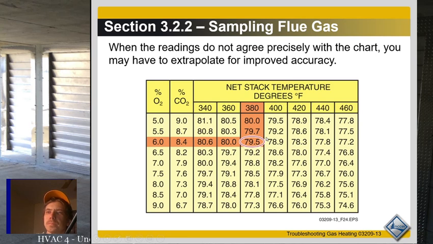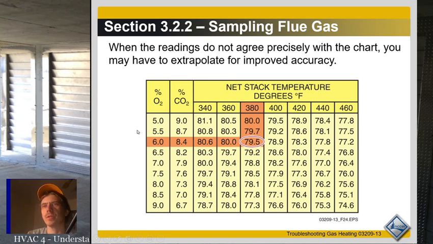So your actual AFUE, right, is probably going to be 79.7, because you're in between those two numbers. You can extrapolate that data. You can start to guess as to where you are. You know what I mean? And you don't really guess. You look at the difference between the two spaces to figure it out. You should be able to get very close.